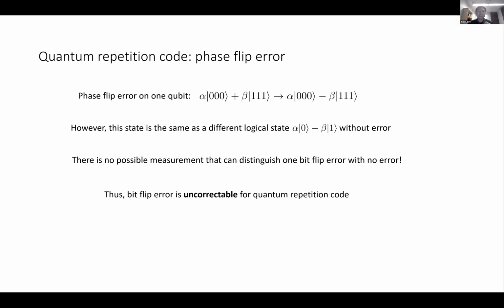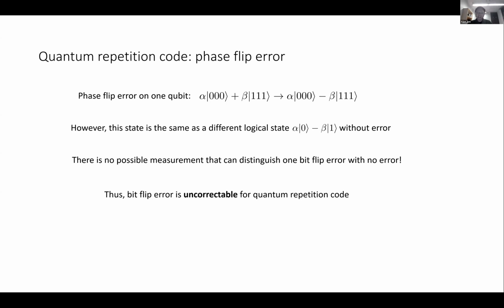So remember, in a phase flip error, you change a sign in front of the ones, so it changes to alpha 000 minus beta 111. But this state is exactly the same state as a different logical state, right? If you start with alpha 0 minus beta 1 as your logical state, then you would get the same state, even without an error.